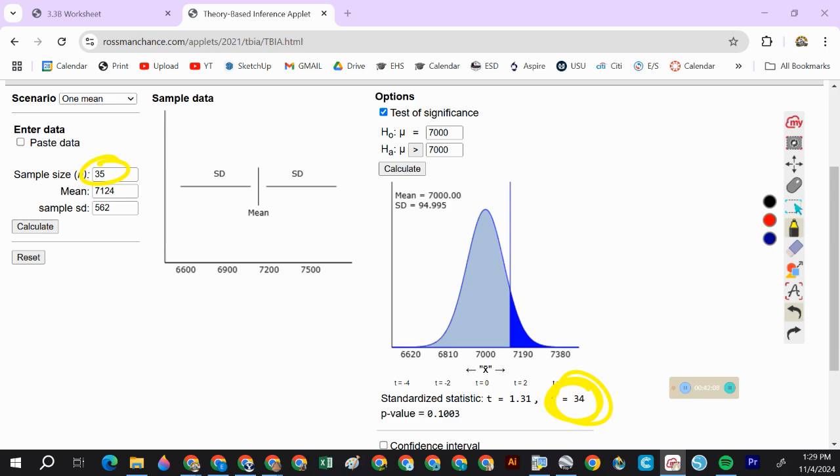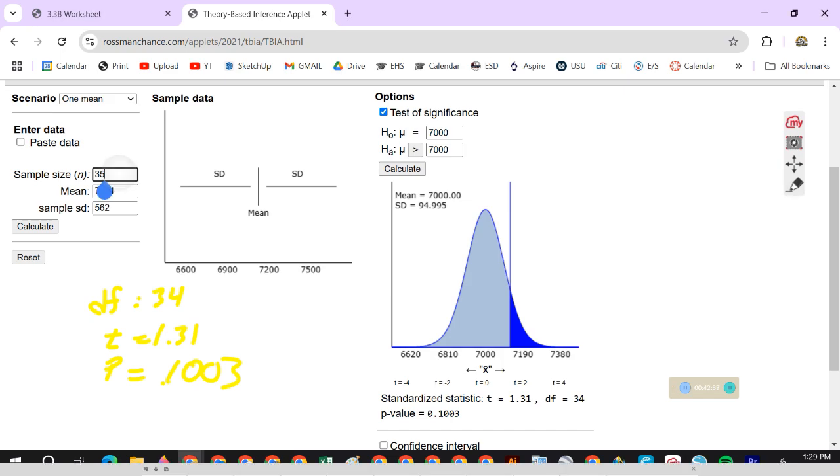Now, there are more complicated formulas where the degrees of freedom are a little bit harder to calculate, but if I change that 35 to, say, 34, okay, all right, I'm going to write this down. df equals 34, t equals 1.31, and p equals 0.1003.